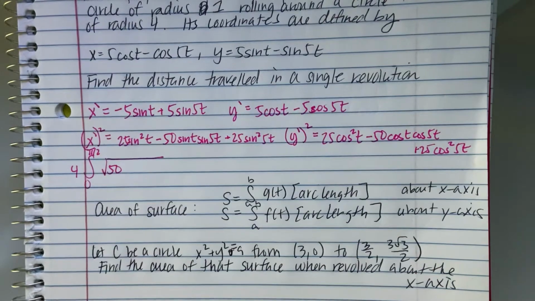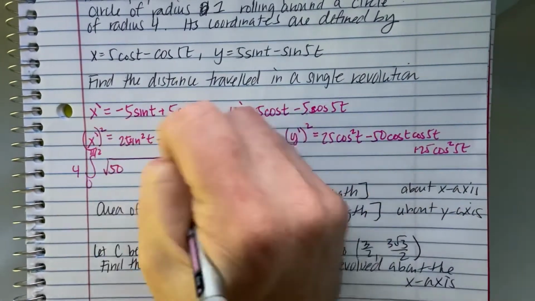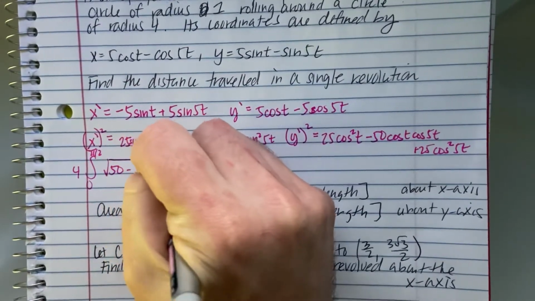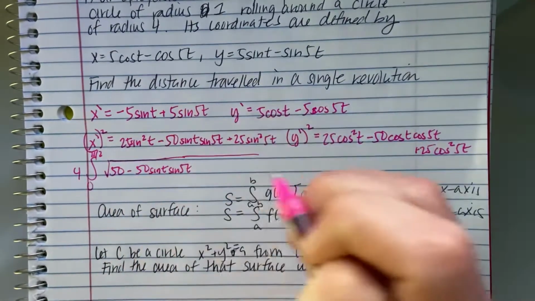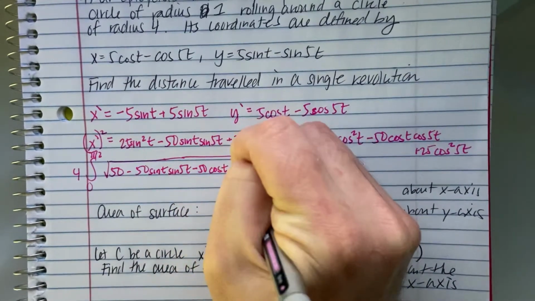Now, the problem is we've got this other stuff going on. We still have a minus 50 sine t sine 5t, and also minus 50 cosine t cosine 5t.